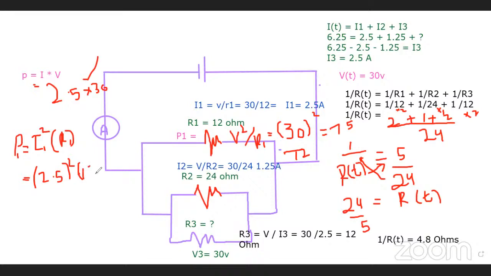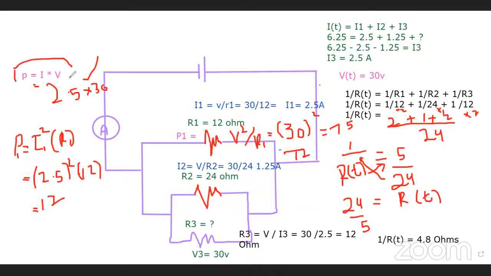The square of 2.5 is 6.25. 6.25 multiplied by 12 is 75. So all the three formulas are correct.